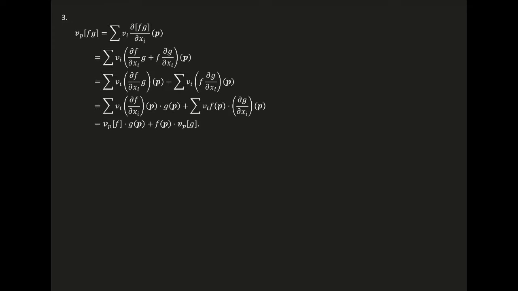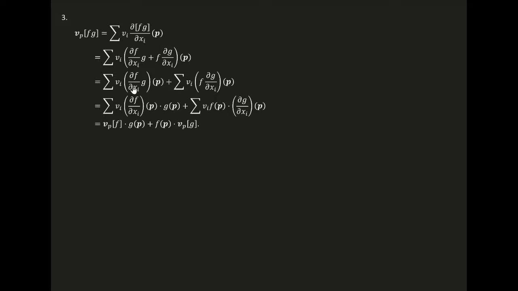For part 3, we again use the definition. We replace f with f times g. We again use the fact that this is just a partial derivative inside here, so we can just use the product rule for partial derivatives. And then we distribute again, and we group.